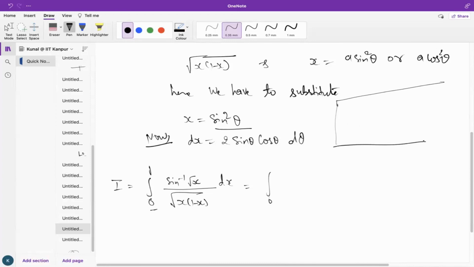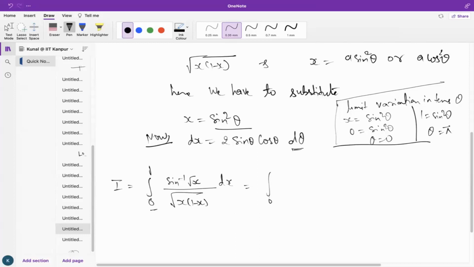Let me write the limit variation in terms of theta, because our new elementary element is d theta. We substituted x is equal to sine square theta. When x is 0, sine square theta is 0, and when x is equal to 1, sine square theta is equal to 1, so we take the positive value. There we get theta is equal to 0, and from there theta is equal to pi by 2. So when x varies from 0 to 1, our theta varies from 0 to pi by 2.